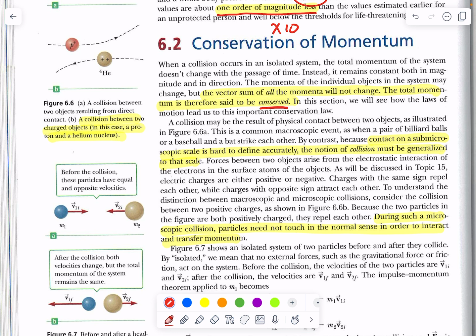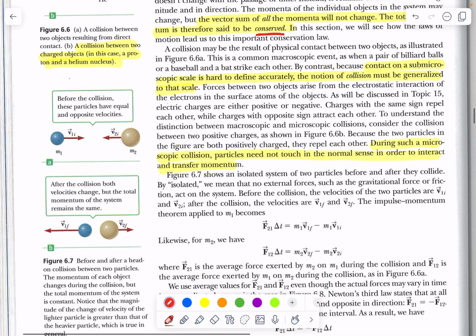And we'll be doing some problems in screencast number 2 that will show this. Now, at the microscopic level, it's very hard to discuss collisions because on a sub-microscopic scale, we're starting to look at the movement of individual particles and molecules, and we're looking at the electrostatic interactions between positive and negative charges on the surface of things.